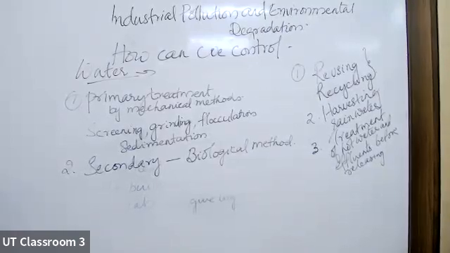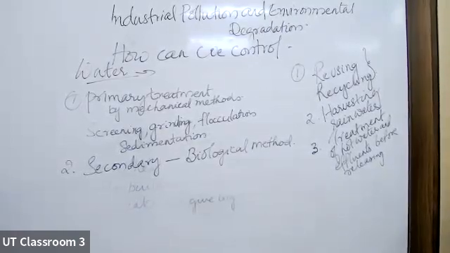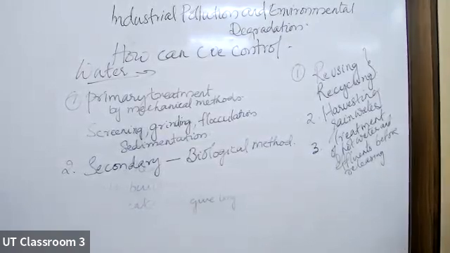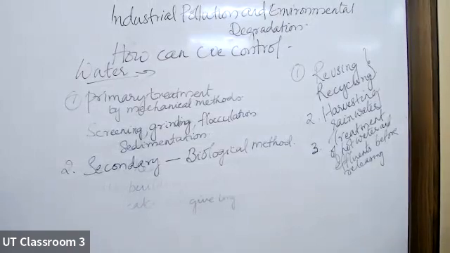You might have seen recycling plants in different places. That means the water that comes from the drainage is collected and recycled. So that involves which all the processes? Biological, chemical, and physical.